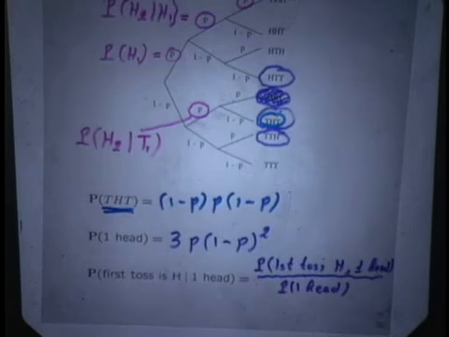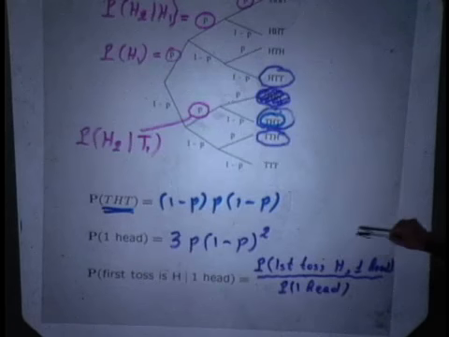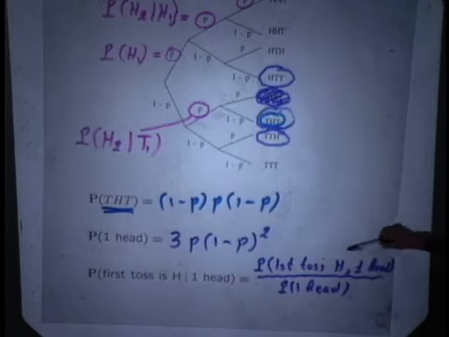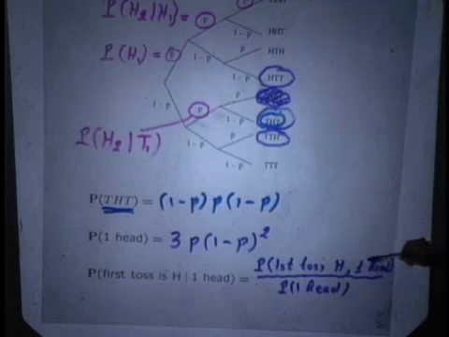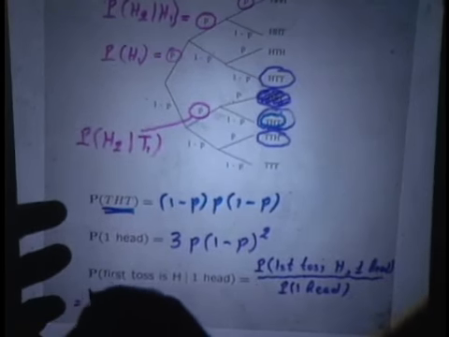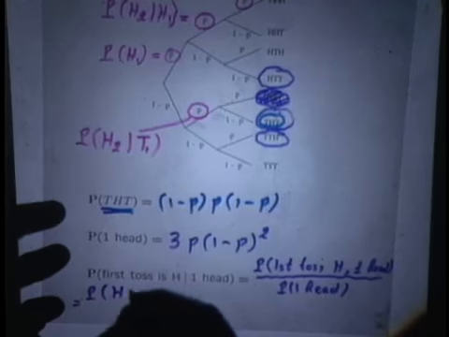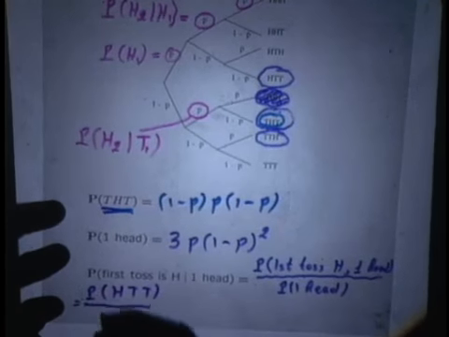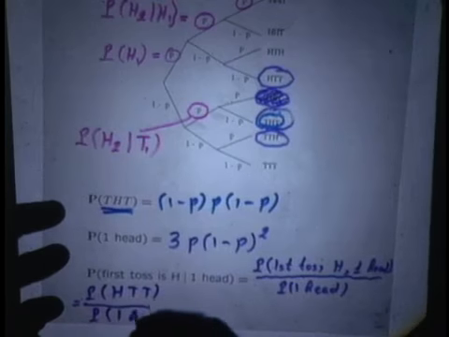What is the probability that the first toss is heads and we have exactly 1 head? This is the same as the event heads, tails, tails. If I tell you that the first is heads and there's only 1 head, it means that the others are tails. So this is the probability of heads, tails, tails, divided by the probability of 1 head.